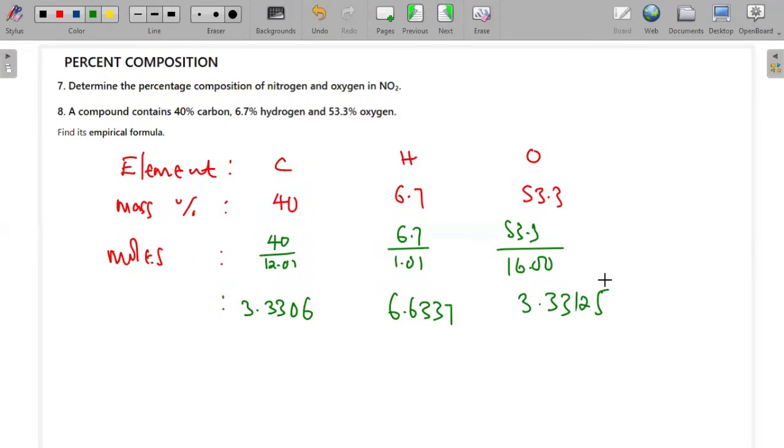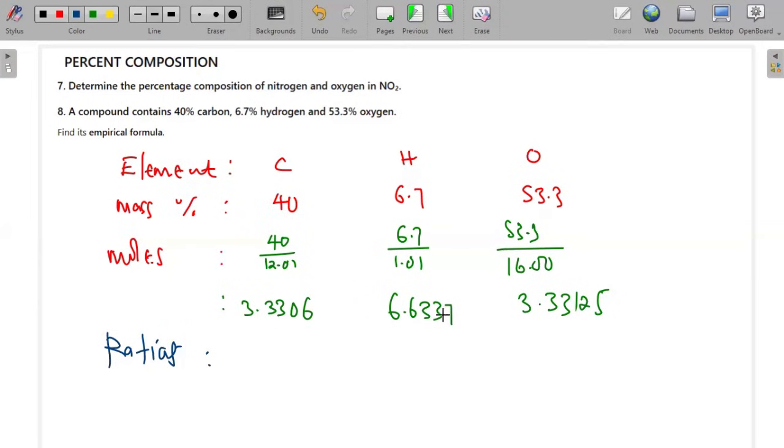Once you find the moles, the next thing is to find the ratios. How are you going to find them? You pick the smallest number of moles that you can see here, and then divide by that number of moles throughout. Which one is the smallest? The first one is the one which has the smallest number.